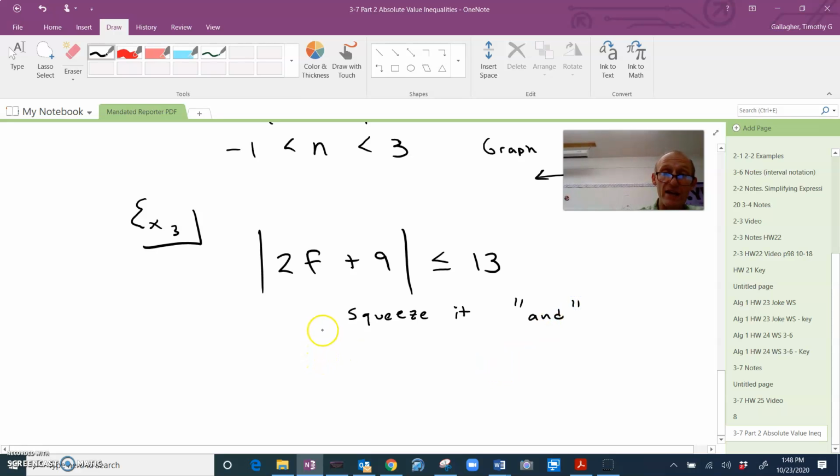So I then split it into two. I do 2f plus 9, drop those absolute value bars, less than or equal to 13. Now on the other side, it's going to squeeze in there. It's going to squeeze negative 13 in. Now, if we solve this, we get 2f here. Subtract the 9, subtract the 9.